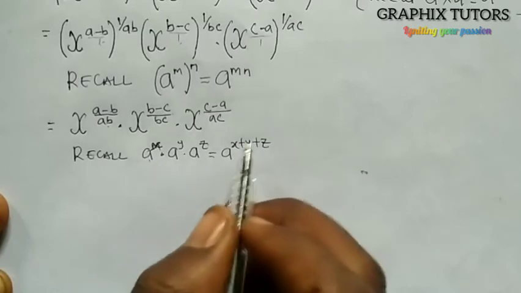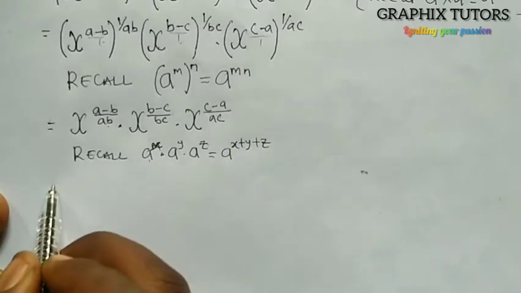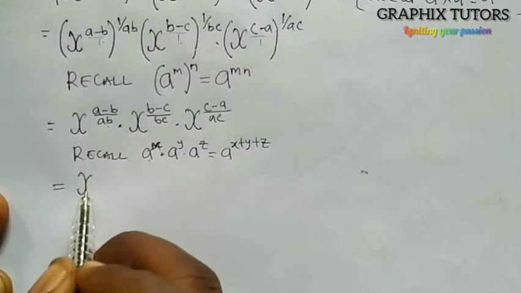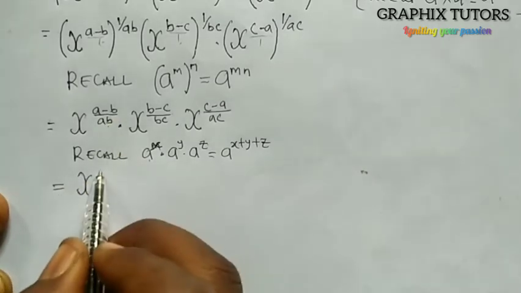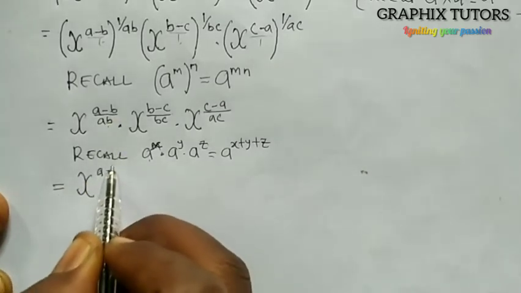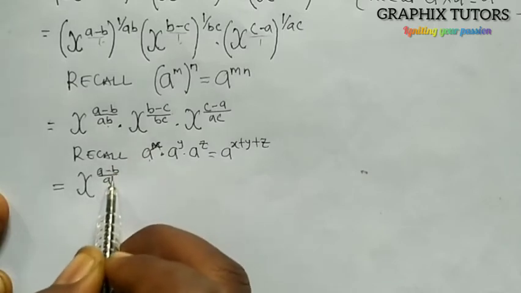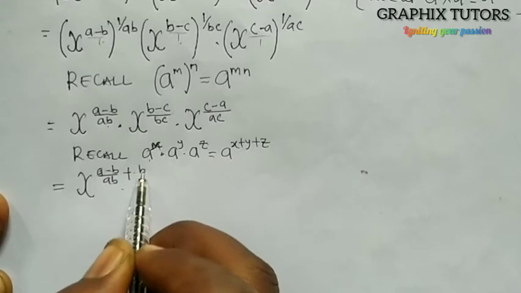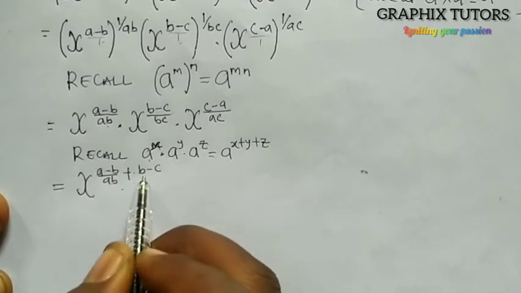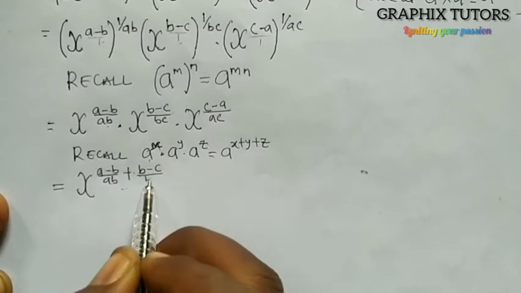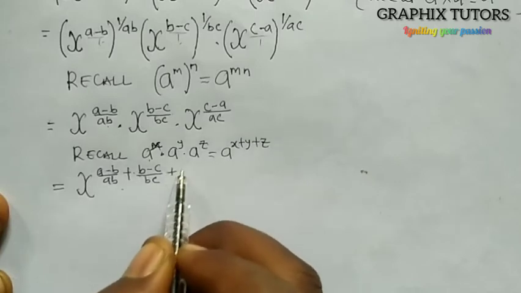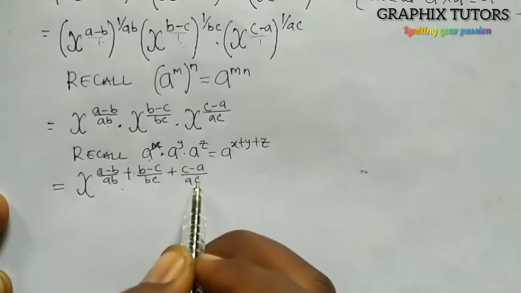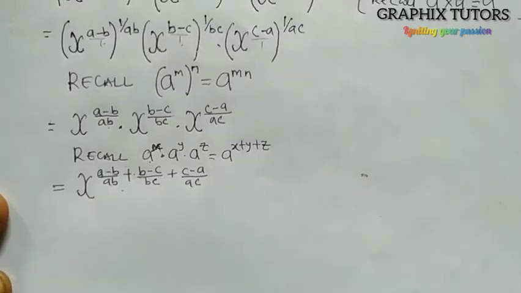You take one base and add all the power, and this will now give me, from here, I have my x to the power of a minus b over ab again plus b minus c over bc plus c minus a over ac. So that is what we're having. I've added the power.